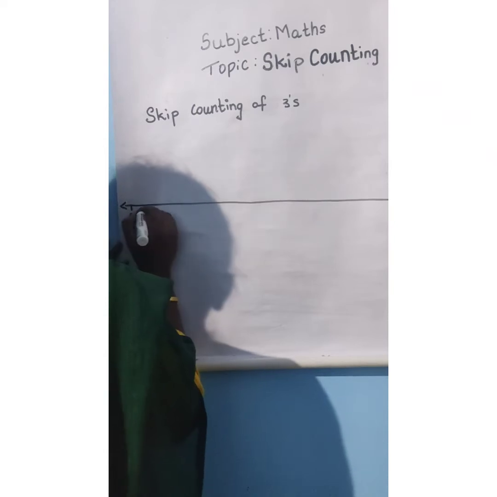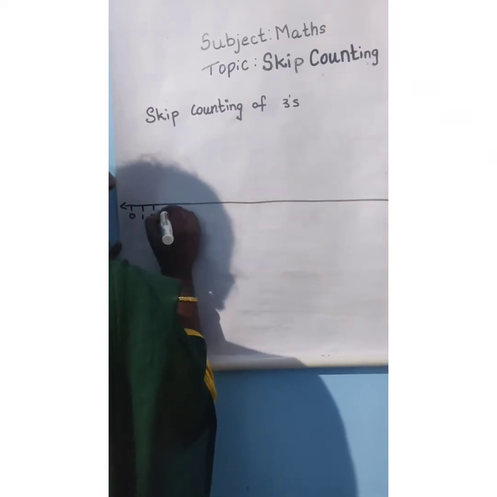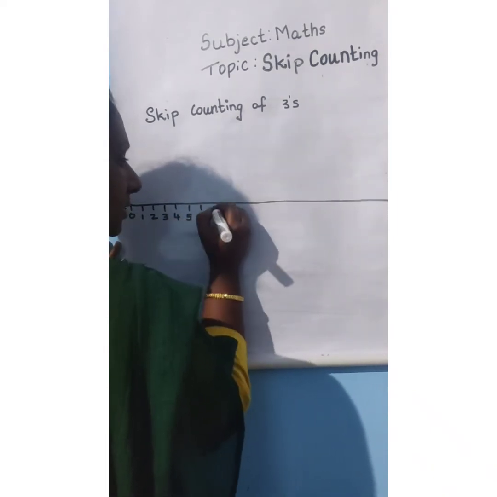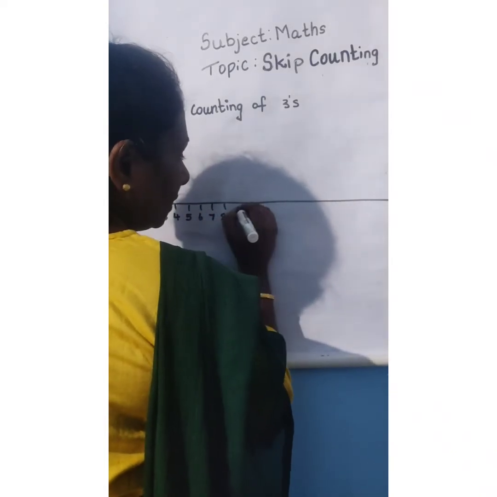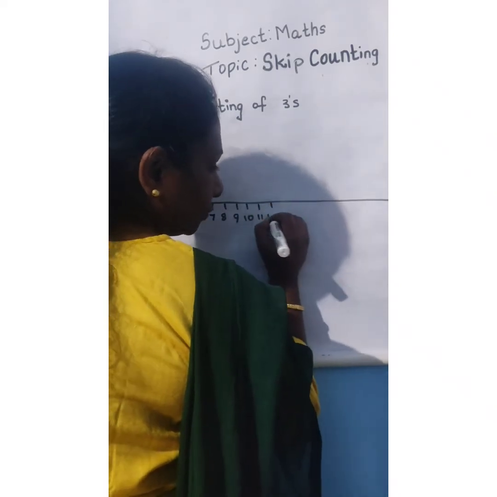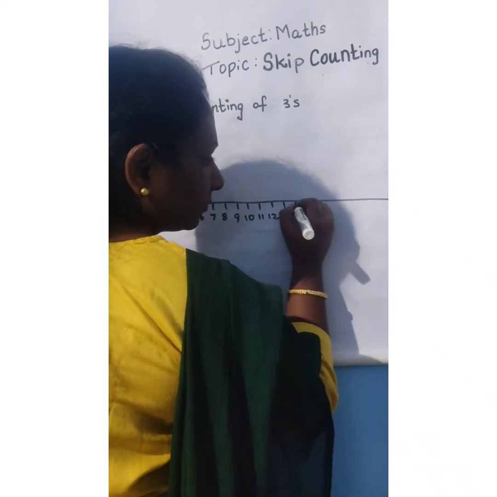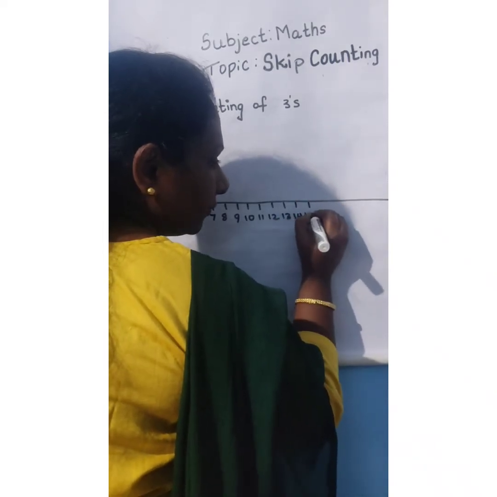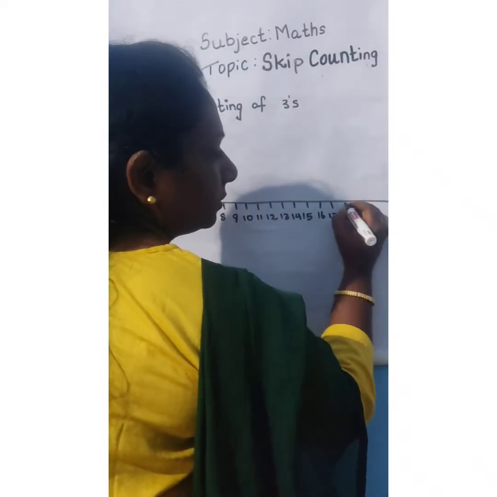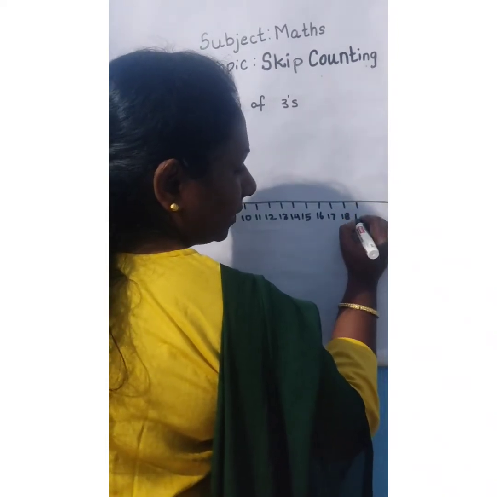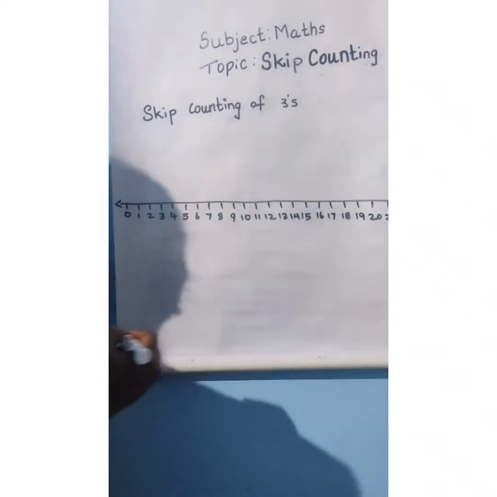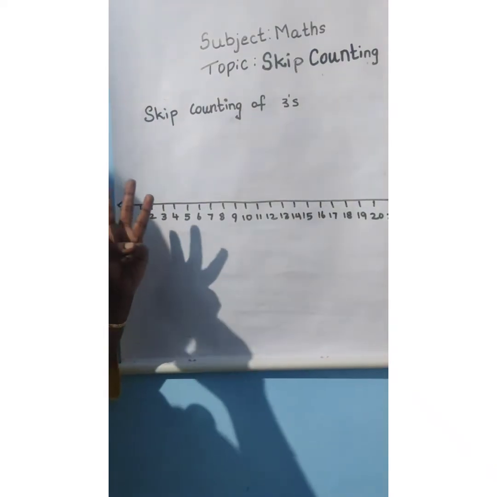Start from 0, 0, 1, 2, 3, 4, 5, 6, 7, 8, 9, 10, 11, 12, 13, 14, 15, 16, 17, 18, 19, 20, 21.